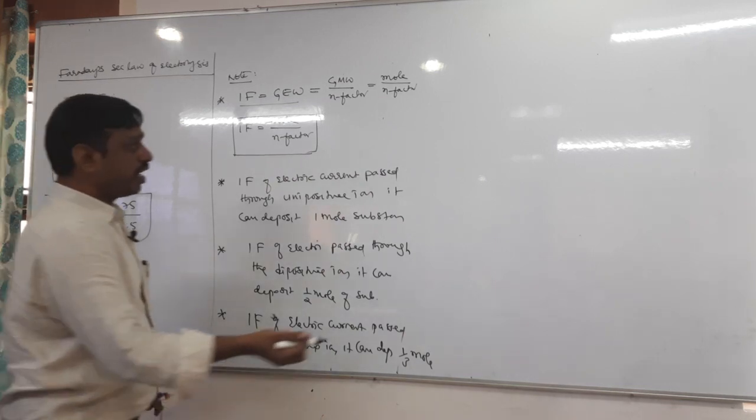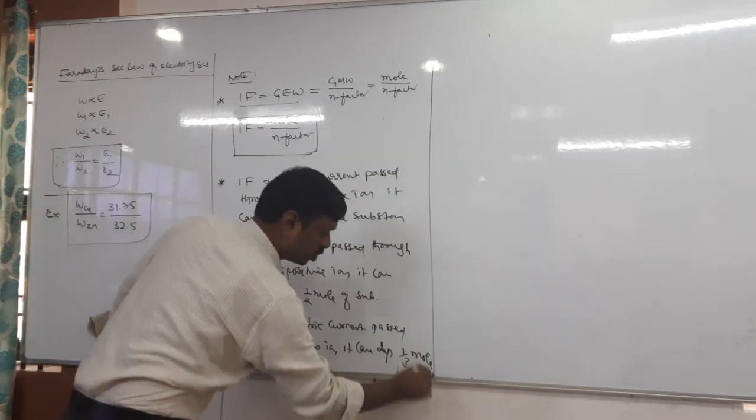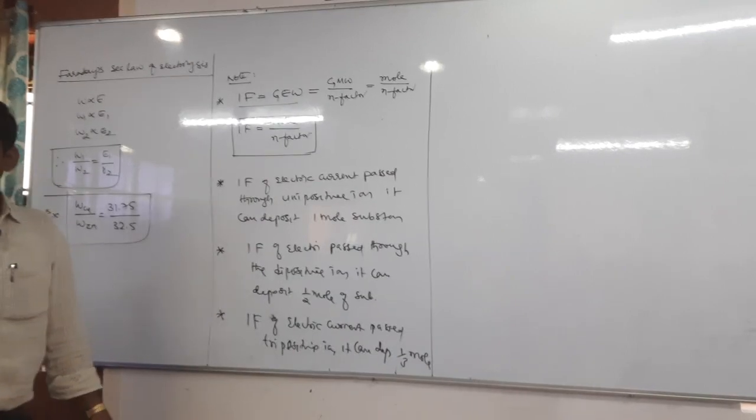Similarly, 1 Faraday passed through the tetrapositive ion deposits 1/4 mole.